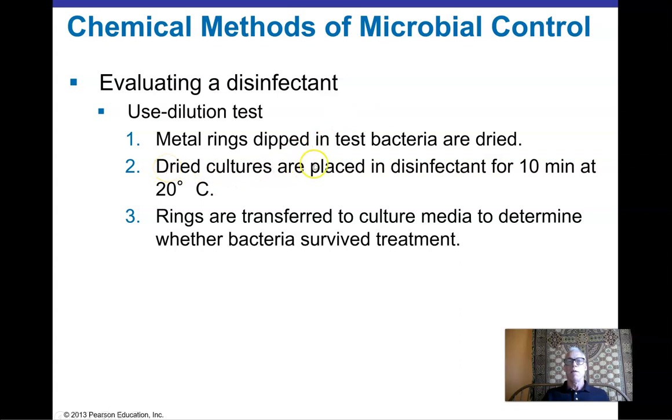Then we place those rods or rings in a particular disinfectant we want to test for 10 minutes at 20 degrees Celsius, and then transfer those rings or rods into some fresh, rich culture media like nutrient broth, and see whether it grows. And if anything grows, obviously we did not kill the microorganisms.